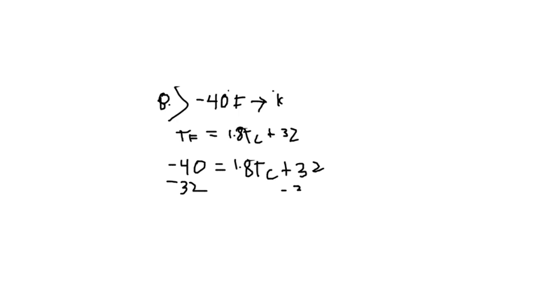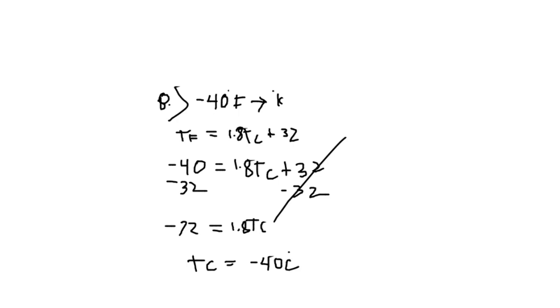Okay. So, I'm just doing some algebra here. So, we got this negative 72 equals 1.8 temperature in Kelvin, I mean Celsius. And then divide both sides na natin. So, we're still going to get a negative answer. This means this is cold. So, we got negative 40 degrees Celsius.